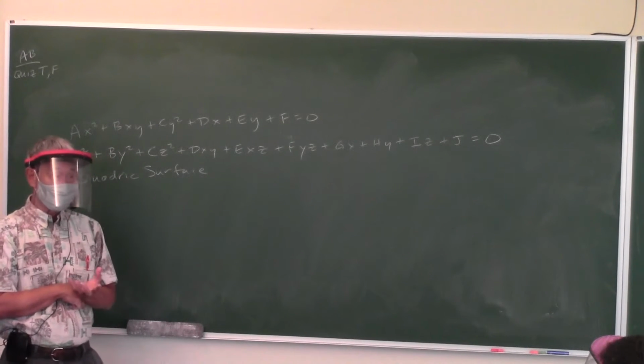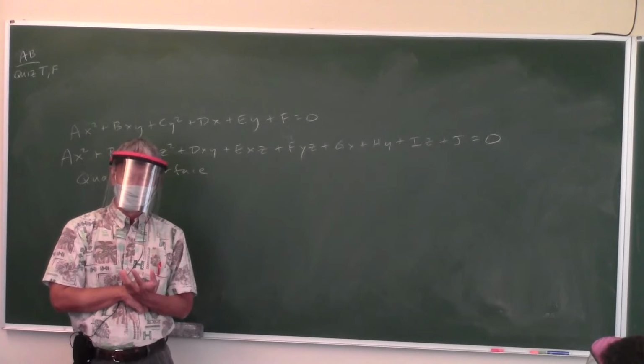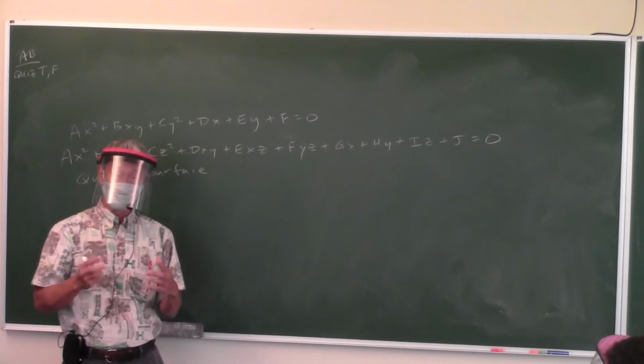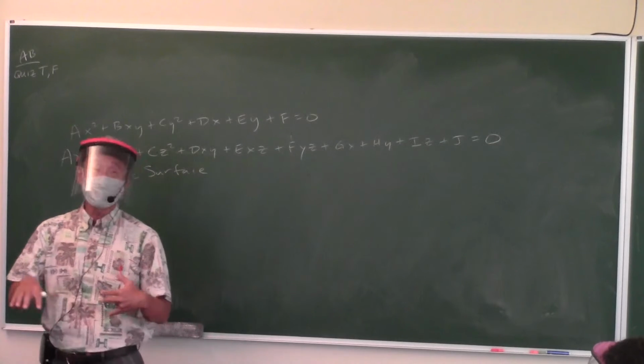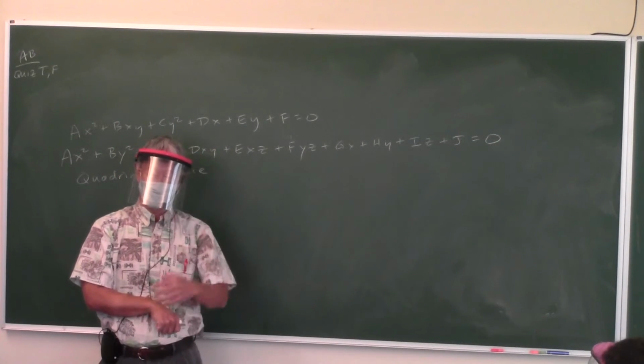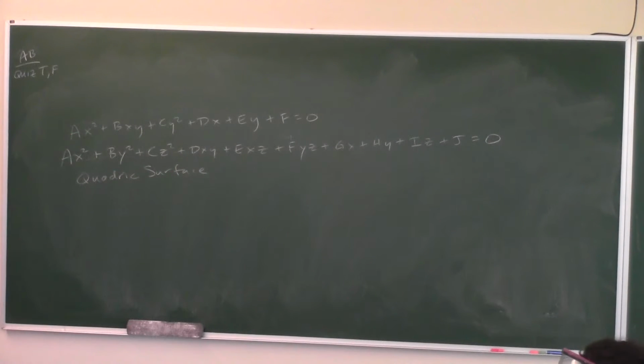It could be an ellipsoid, or it could be a hyperboloid, but then there's 2 kinds of hyperboloids: hyperboloid of 1 sheet, hyperboloid of 2 sheets. We talked about all of this in PCH, but it's all purged. Anyway, here's the list that they have here. Ellipsoid, hyperboloid of 1 sheet, hyperboloid of 2 sheets, the quadric cone, elliptic paraboloid, hyperbolic paraboloid, the parabolic cylinder, elliptic cylinder, and hyperbolic cylinder. The last 3 are just nonsense.